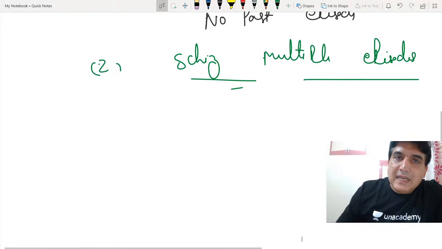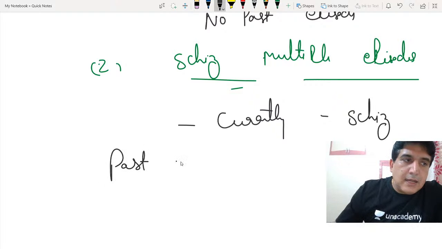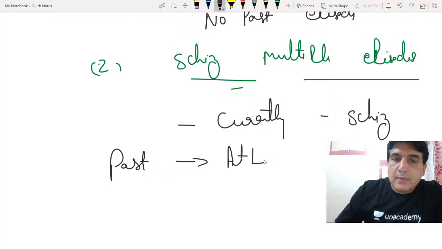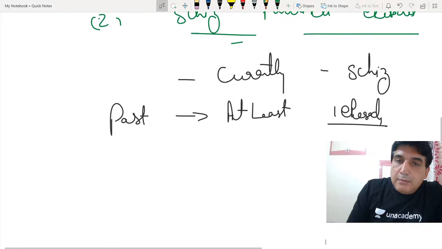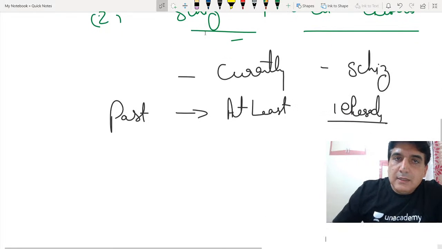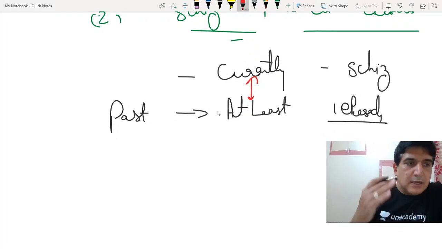The patient is currently meeting the criteria of schizophrenia, and in the past the patient had at least one episode. Between the current and past episode, there is a significant remission.